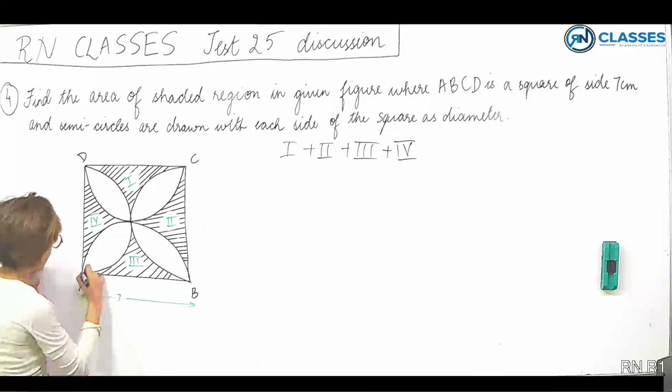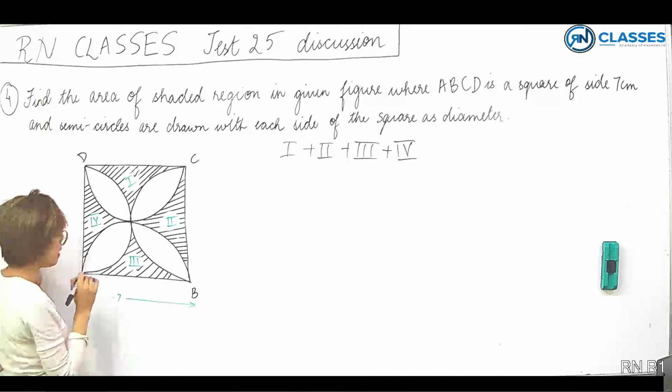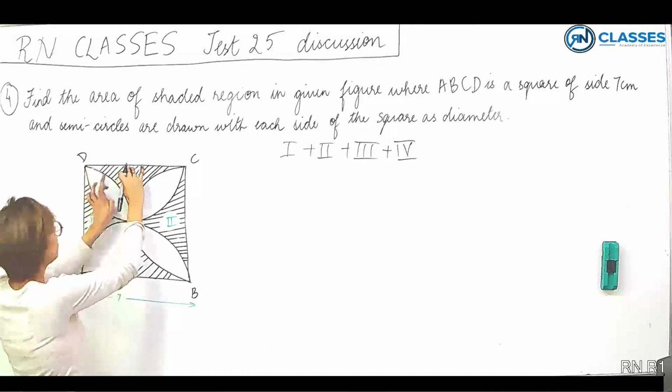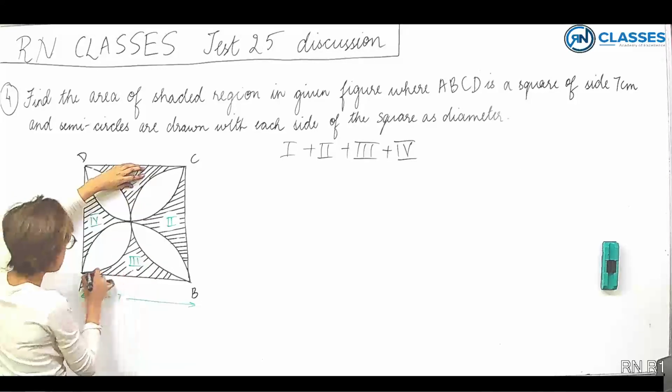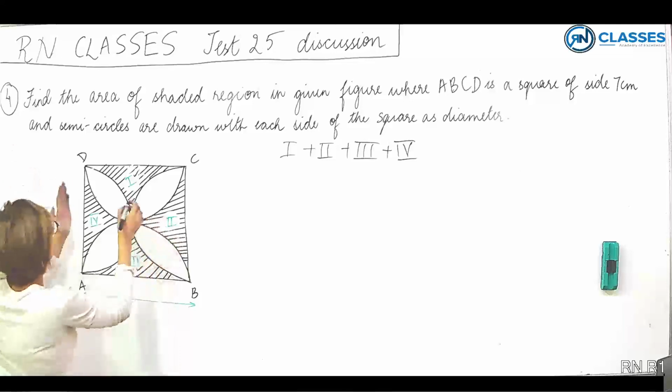Now if you look carefully, suppose I will consider this area and this area first. Right? How do I find it? Now this is external to this semicircle, as well as this semicircle. And this is also external to this semicircle and this semicircle. So let's see what's happening.